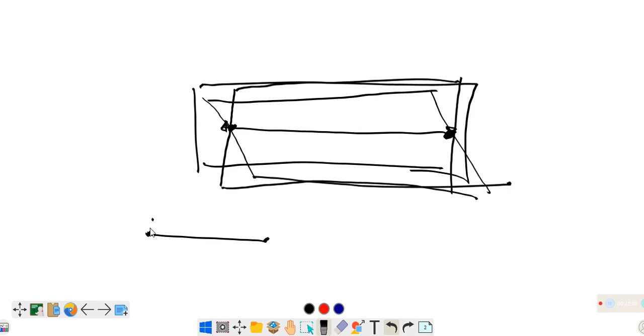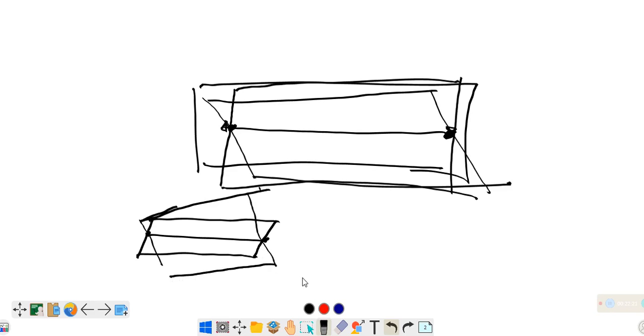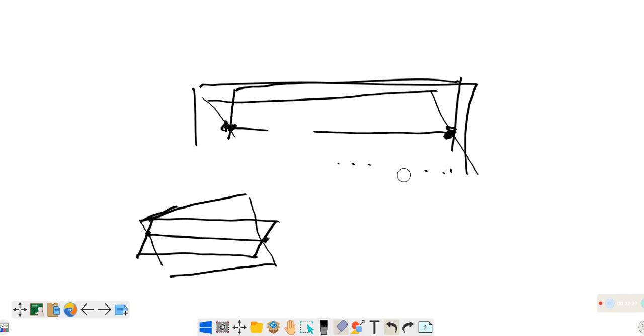Isa pa. Yan. Ito yung unang plane. Yan. Ito yung pangalawang plane. Sana mas magaling kayo mag-drawing kesa sa akin.